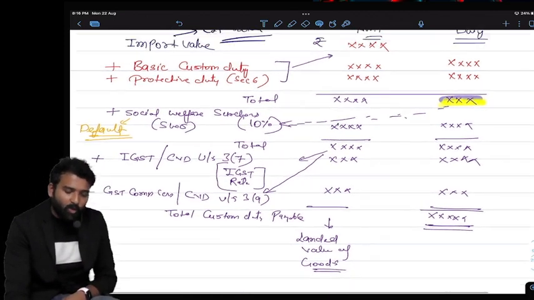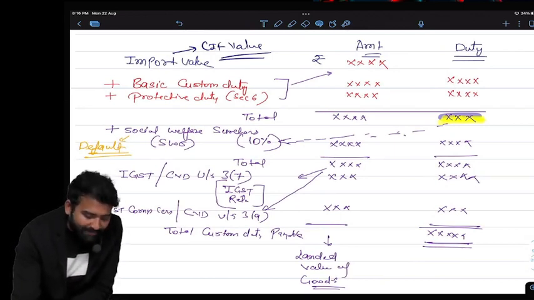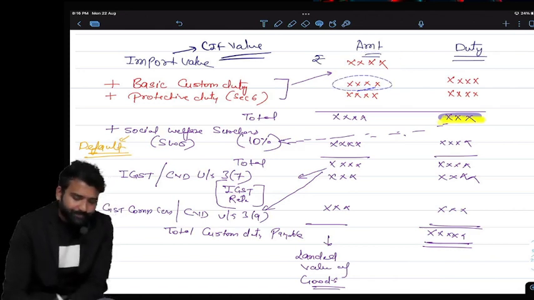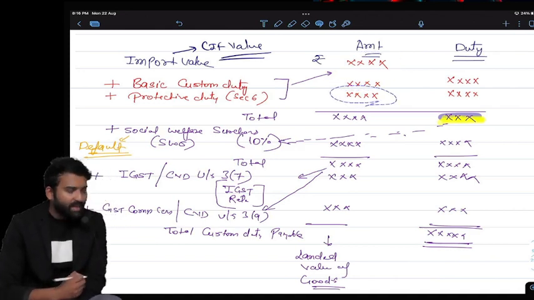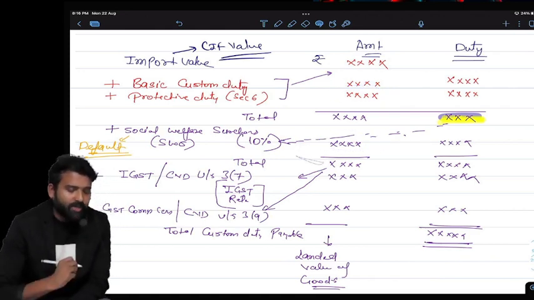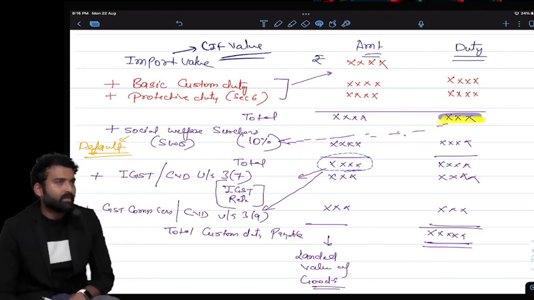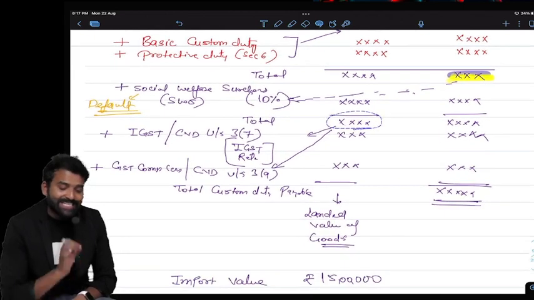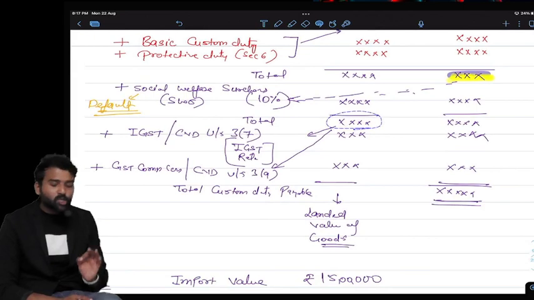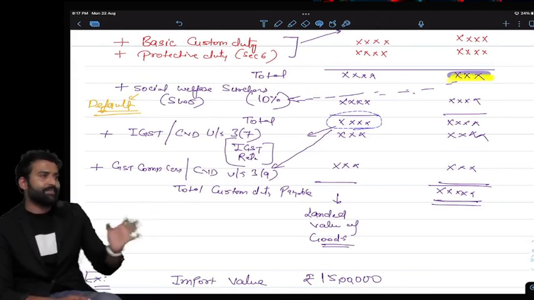Now, what I have to do after this, I will add CIF, basic customs duty, protective duty, and SWS. On this total amount, I will be adding IGST. Yes, IGST in customs is called countervailing duty under section 3 subsection 7.